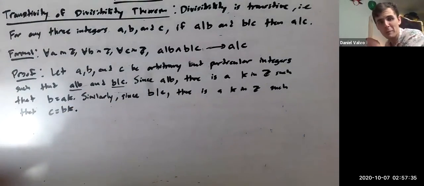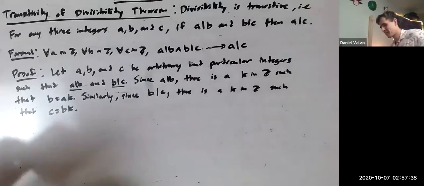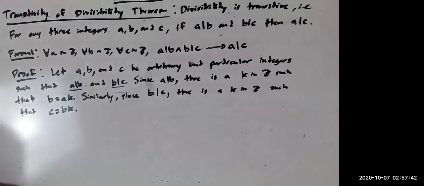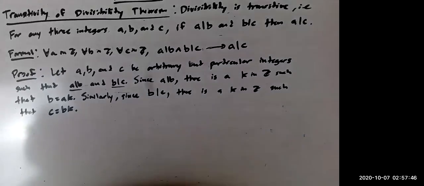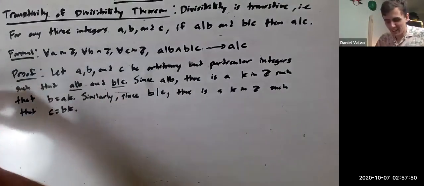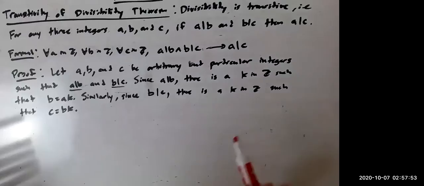Now I made a mistake here on purpose. What's wrong with what I just wrote? You should not have K for both: B equals AK and C equals BK. Exactly. They can't be the same particular K.